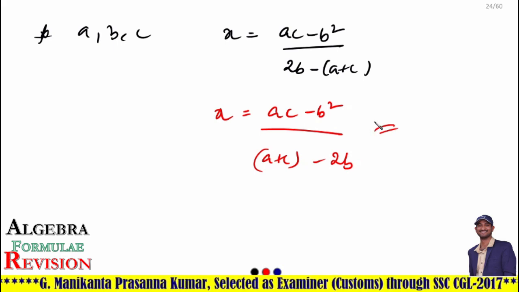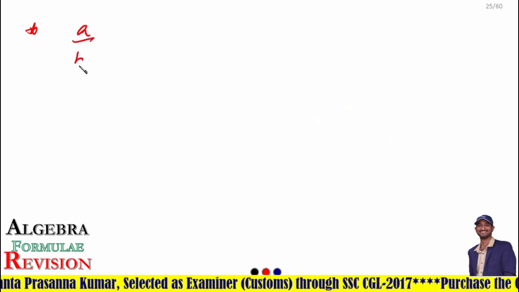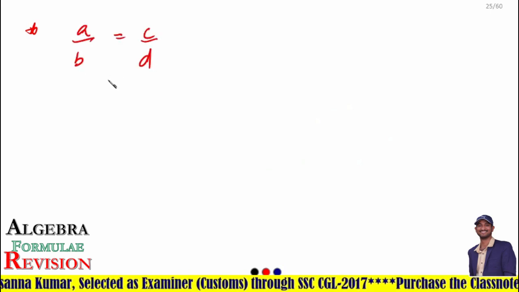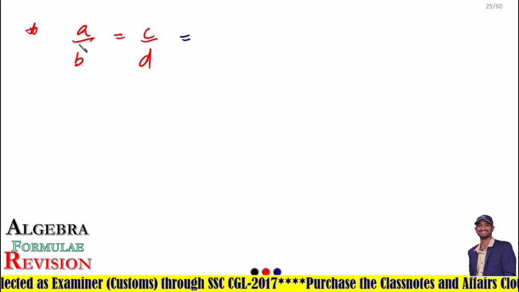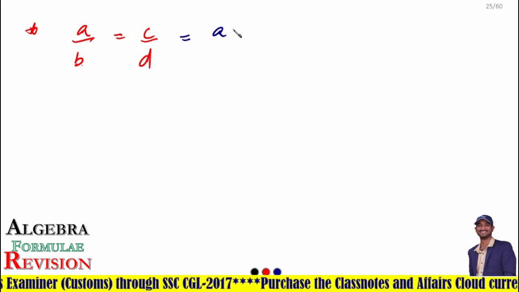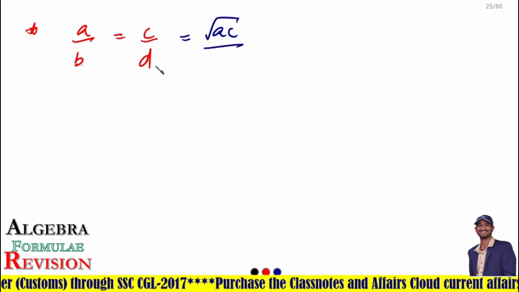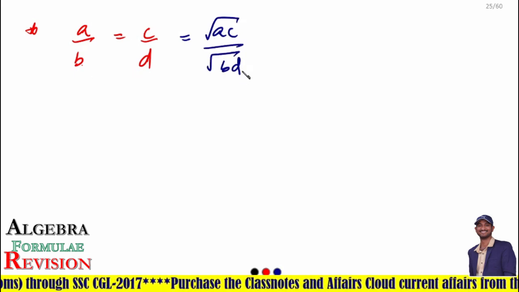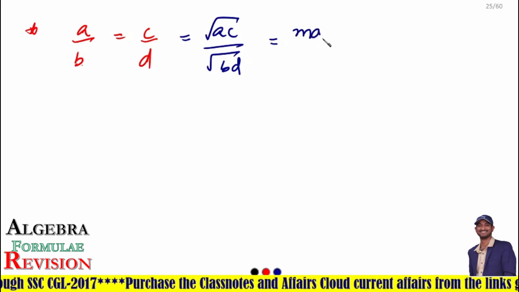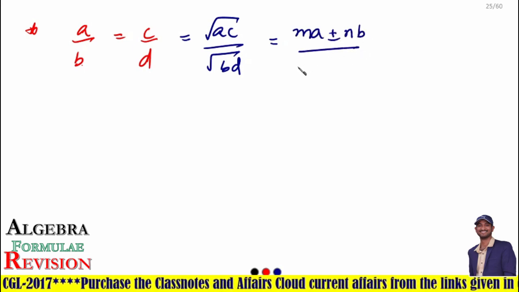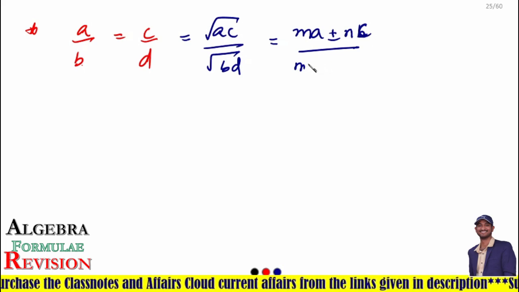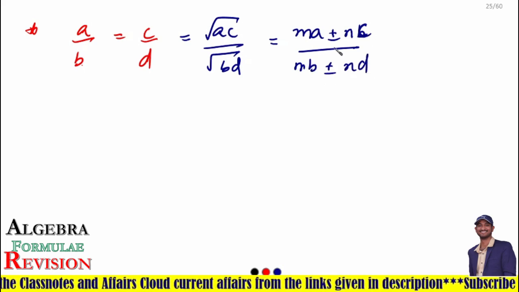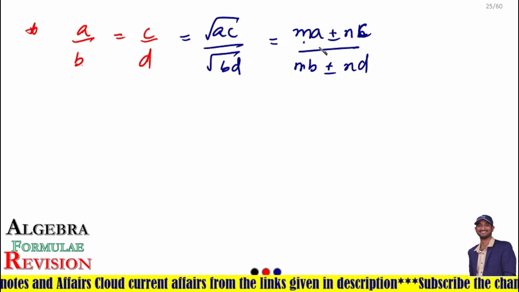While coming to ratios, if two ratios a/b and c/d are equal, not only are these two ratios equal, there are some other ratios which are equal to the given ratio. What are those? The square root of the product of the numerators by the square root of the product of the denominators. Similarly, (ma ± nb)/(nc ...) and (mb ± nd), where m and n are some constants.